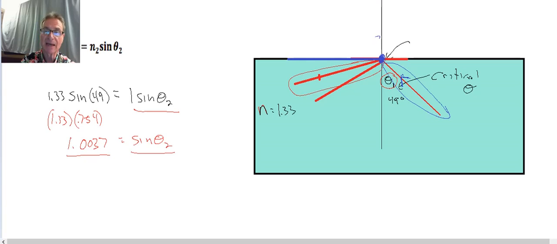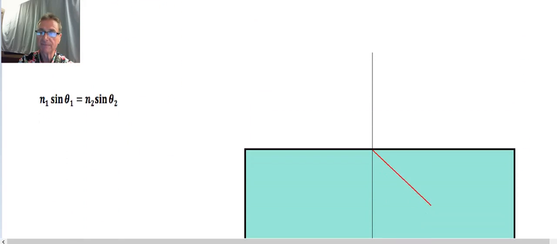And so what do we have as an angle for refraction? We have 90 degrees. Okay? So if we're looking for what that critical angle is, so that this light just skims the surface up here, we can do that again using Snell's law. So let's come down here a little bit.